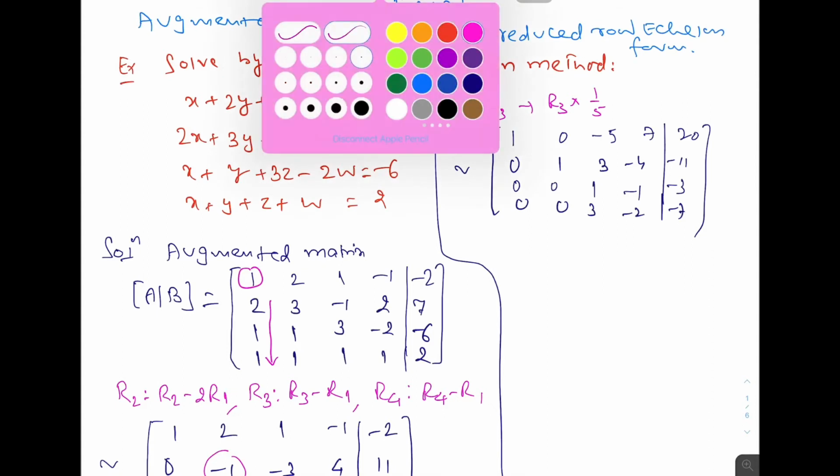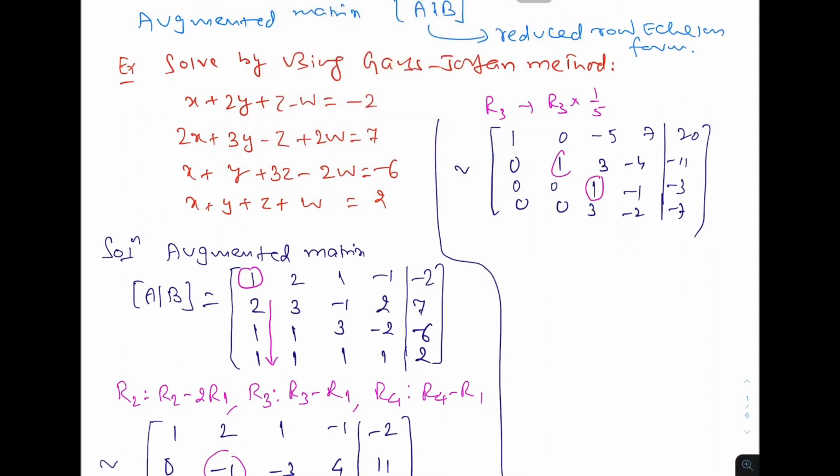So now we are having this one as leading one. So we need to make the entries above and below to be 0. So the next process here is R1 plus 5R3, then R2 minus 3R3 and R4 minus 3R3.